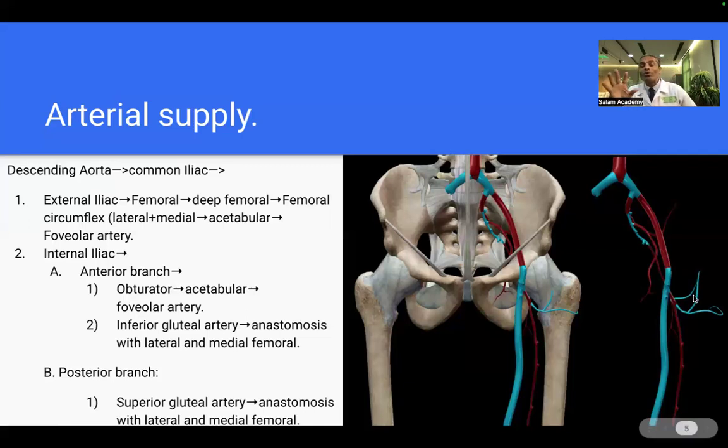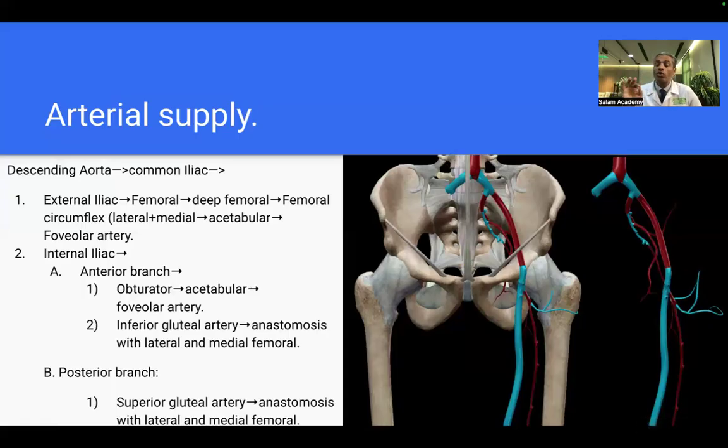Now we want to talk about the hip region. The hip region has a network of blood supply: arteries, capillaries, veins and venules, all of this area here. This network is supplied, or nourished, by five big arteries.